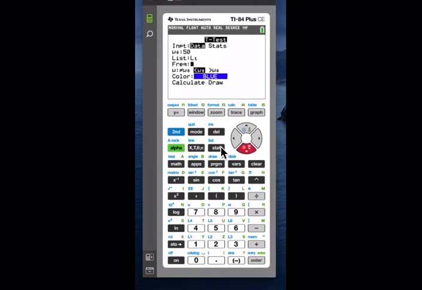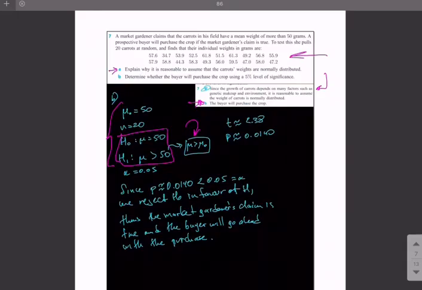This one I have, and now I have to select the last option, greater than my number, which is 50 here. Calculate, and this is my answer. So we transfer the answer from the calculator here and we make our conclusion.